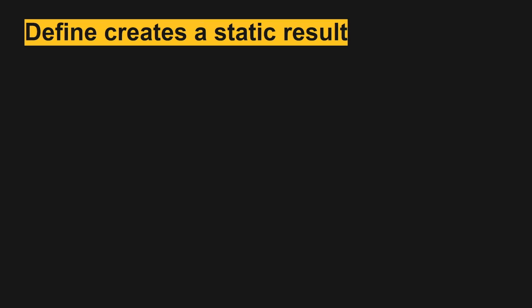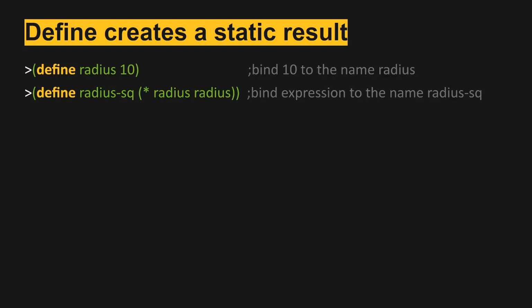When we use define with a function, it creates a static result. This means that if the values are all known and there's not a parameter, it binds the name given to the expression. So in this case, when it defined radius square, from then on, radius square will be equal to 10 times 10 or 100.